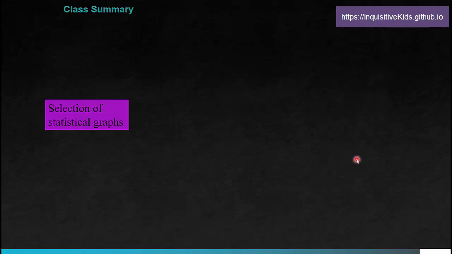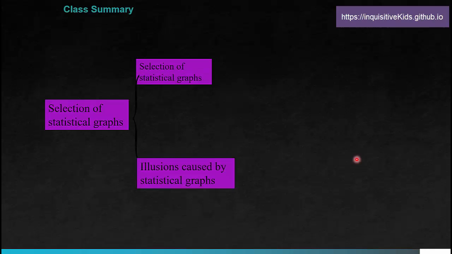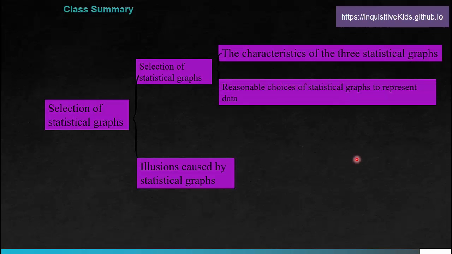In this lesson, we learned about the selection of statistical graphs, and that was broken up into two sections: selection of statistical graphs and illusions caused by statistical graphs. In selection of statistical graphs, the two main points we worked on were the characteristics of the three statistical graphs and reasonable choices of statistical graphs to represent data.